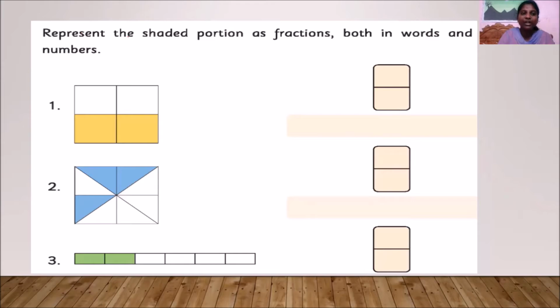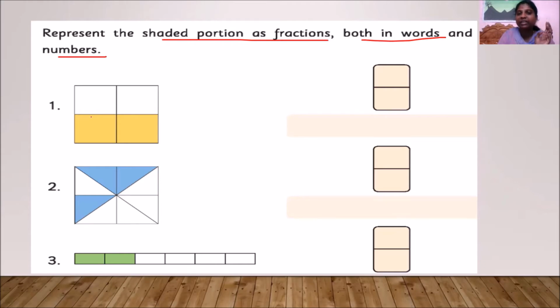Let's see how to represent the shaded portion as a fraction, both in words and numbers. First one. What is the name of the shape, children? Rectangle. Very good. It is divided into 1, 2, 3, 4 parts. The total number of parts here is 4.